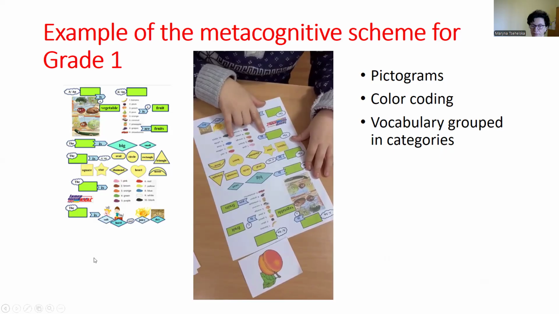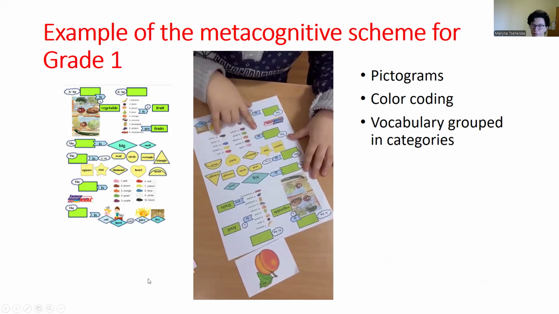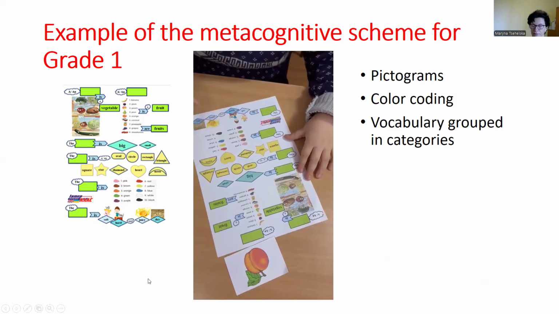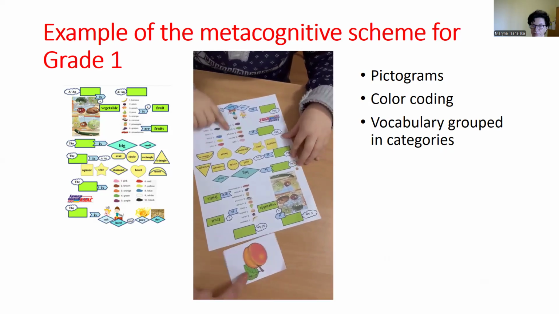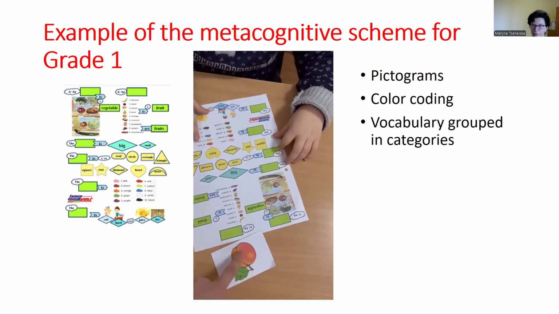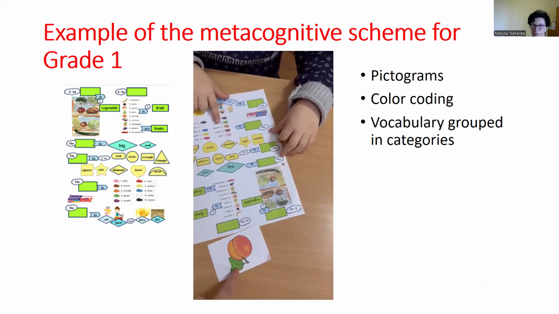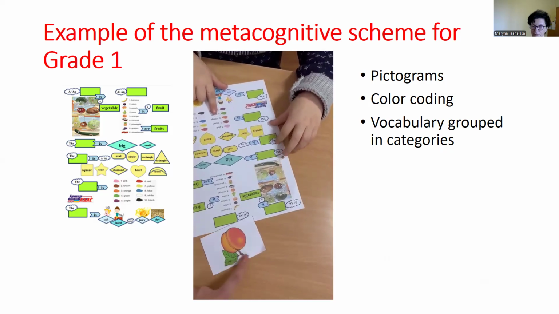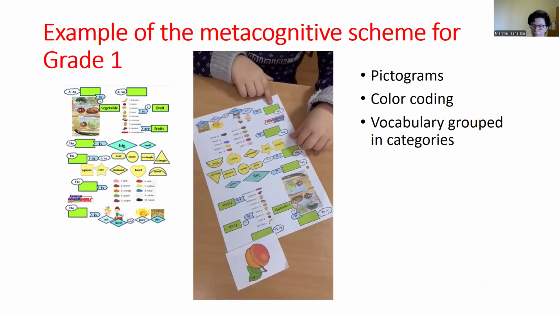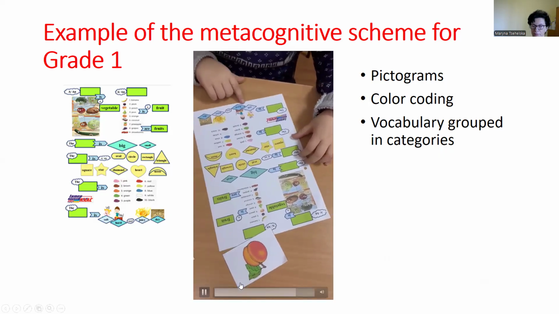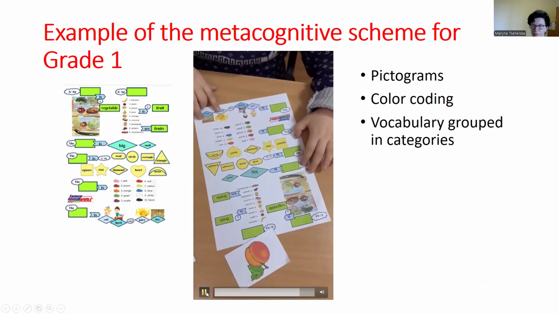The apricot is orange and red, yes, and green and brown. Okay. The apricot is juicy. Okay. Soft.